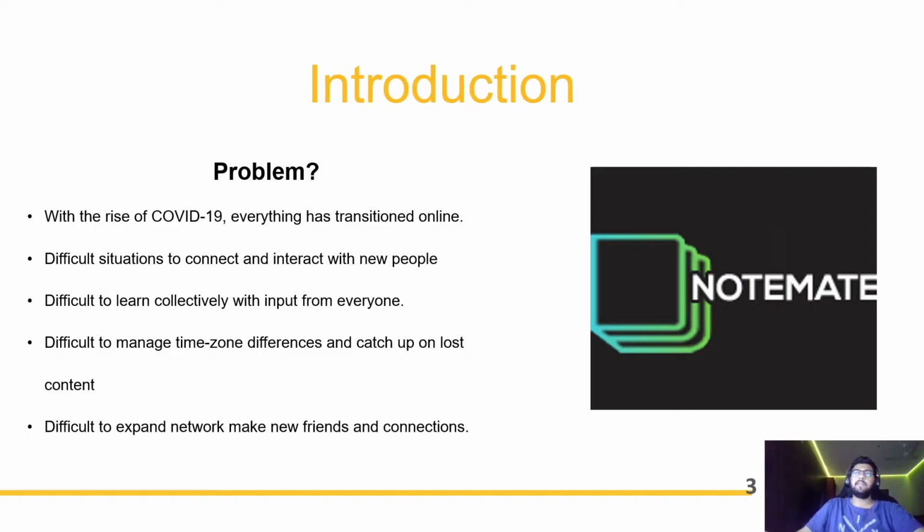This is when we create new connections, make friends, try to expand our network, and try to prepare ourselves for the corporate world. We now find ourselves in a position where it is increasingly difficult to connect and interact with new people. It is all the more difficult to collaborate and learn while trying to manage time zone differences in my case.